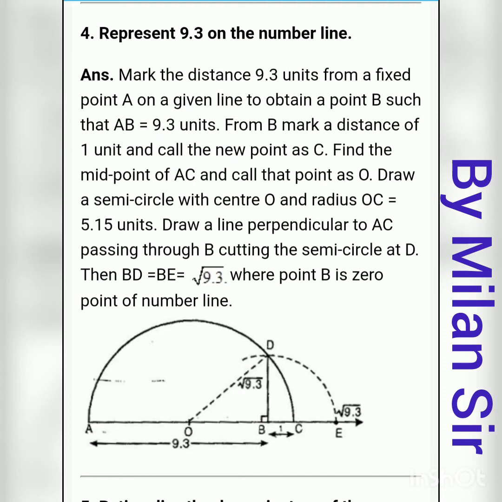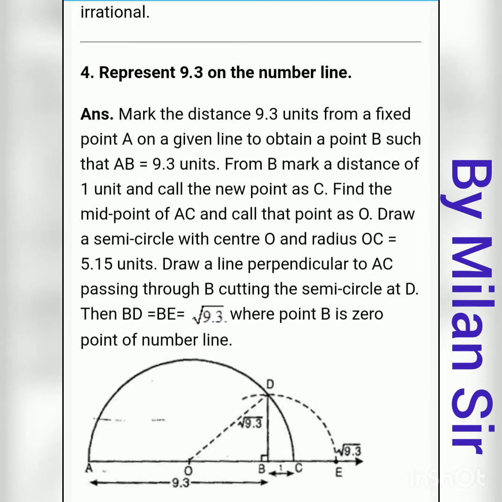Draw one arc which intersects your horizontal line at point E. So now your B to E is equal to under root 9.3.